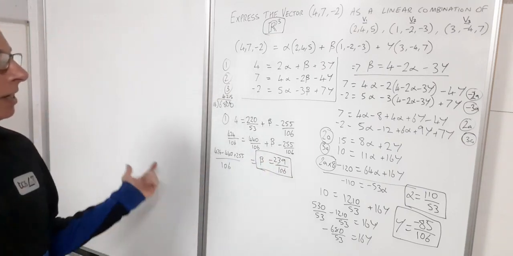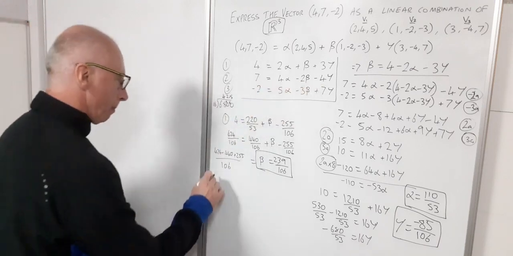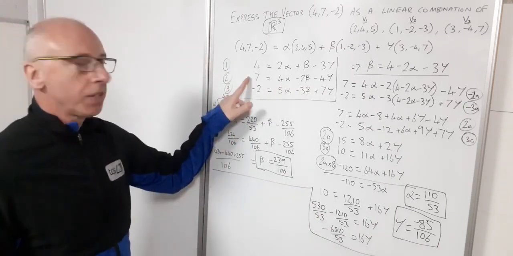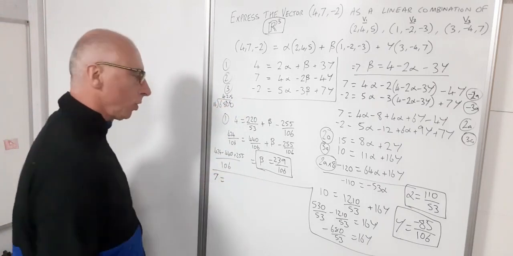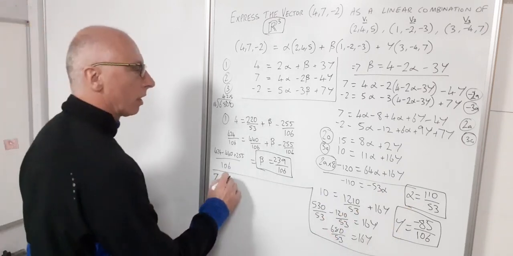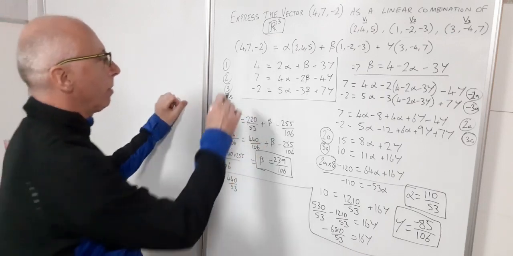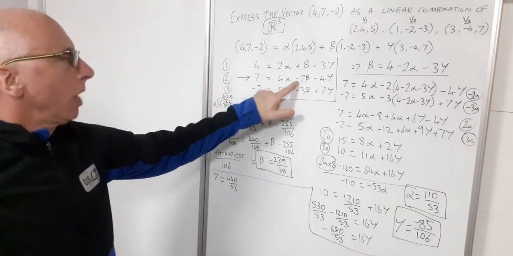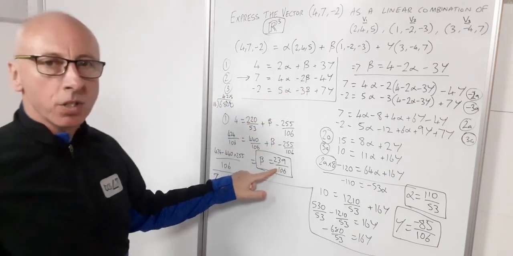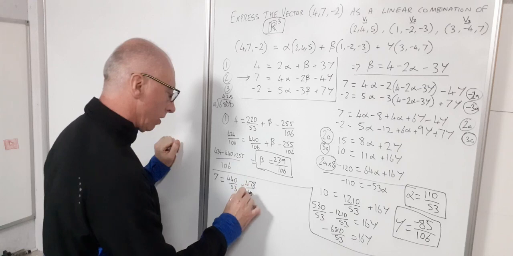Now let's plug in and see what happens. Let's test what we've got here, with this one. So we've got 7 equals 4 times alpha. Alpha is 110 over 53, so that's 440 over 53. Minus 2 times beta. Beta is 239 over 106, so times that by minus 2, we get minus 478 over 106.